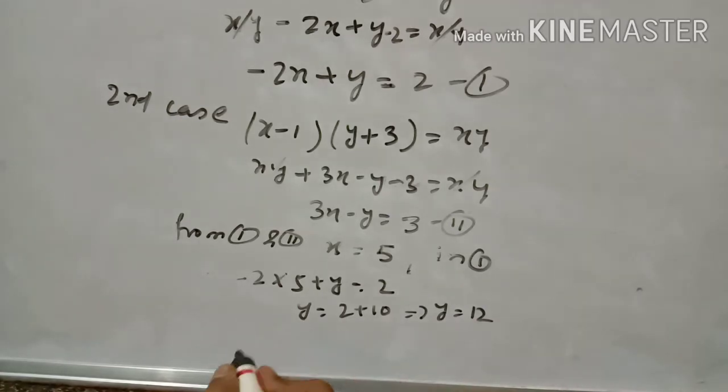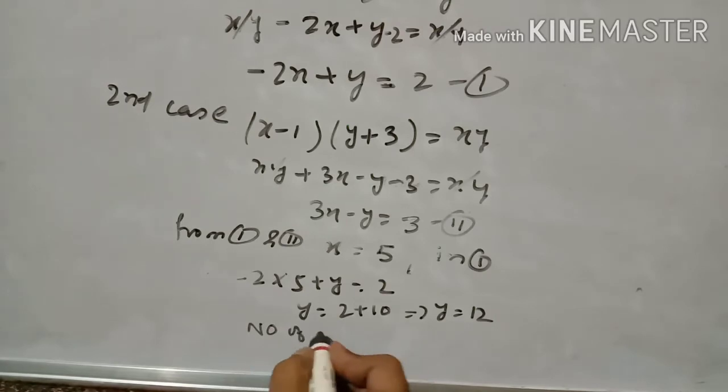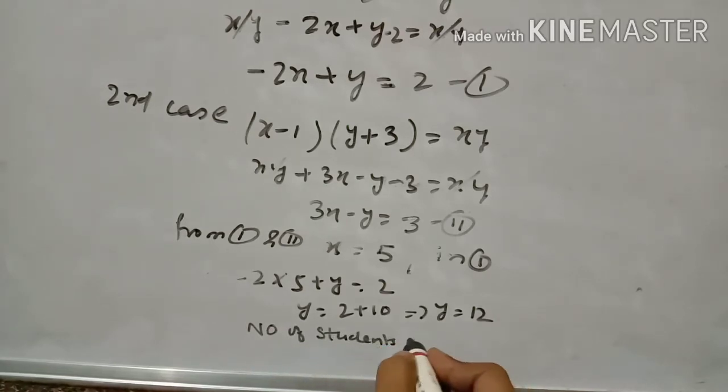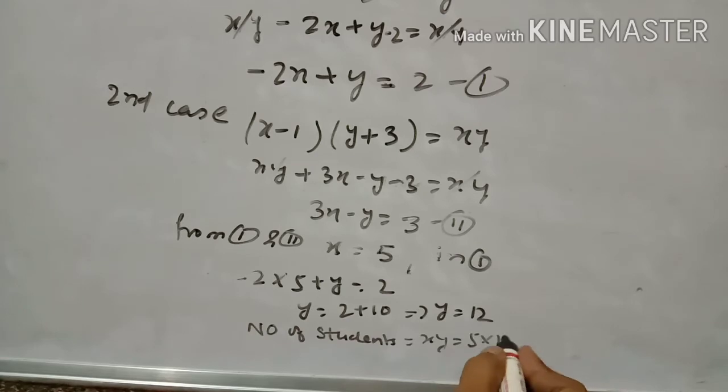Therefore number of students equal to xy. Our x is 5 and y is 12, so therefore 60. Write down please.